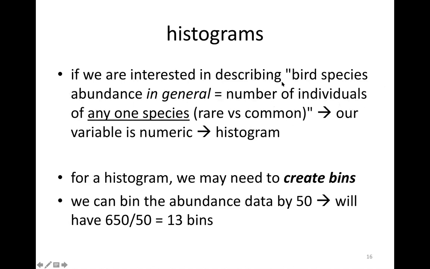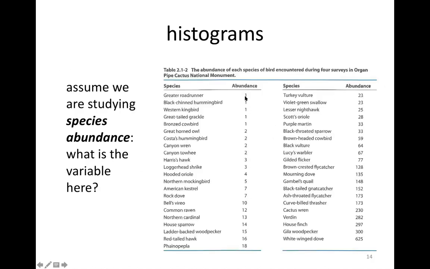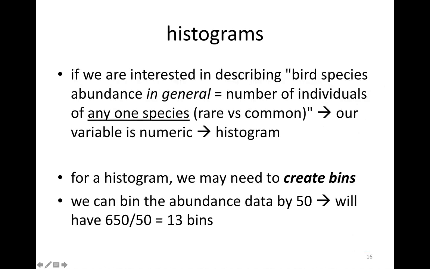But if we're interested in bird species abundance in general, then we can describe the same data in a histogram. To make a histogram, we may need to create bins, as we mentioned. Here, the data ranges from 1 to 600 plus, so we can have 13 bins going by 50.